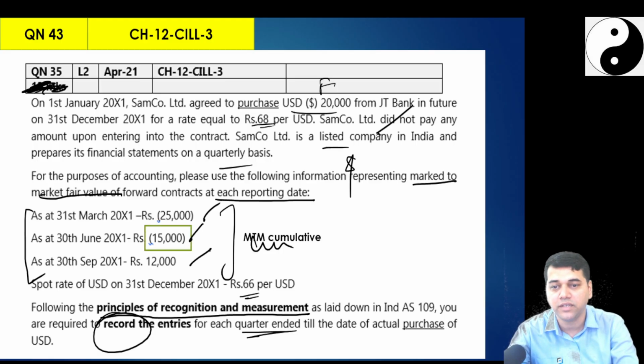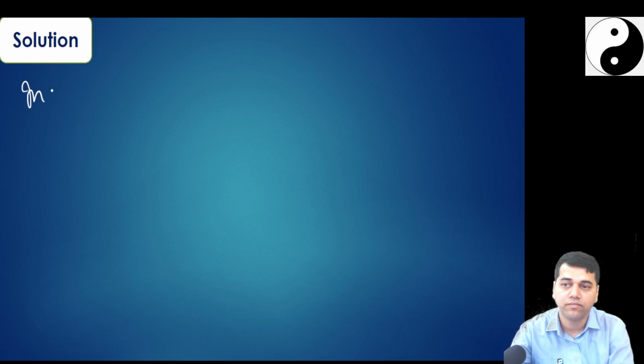Okay, so write some theory. This is the cumulative MTM, keep in mind. In the exam, I don't know which verb they will use.